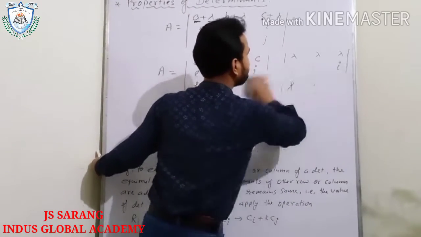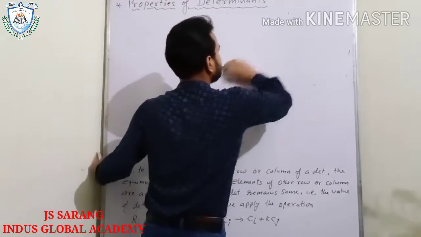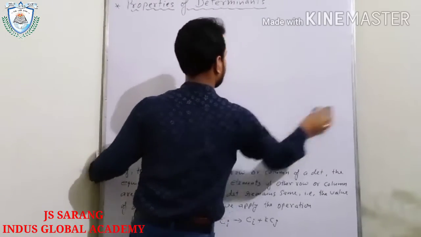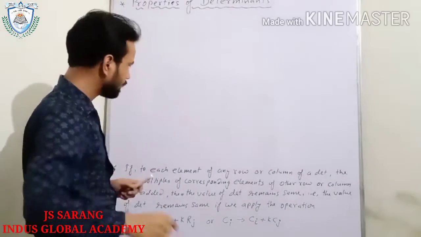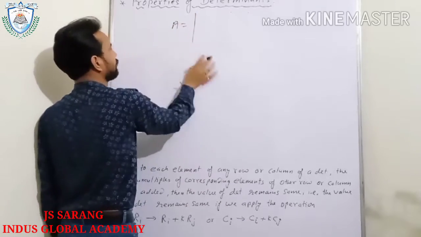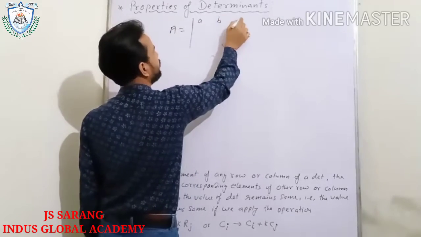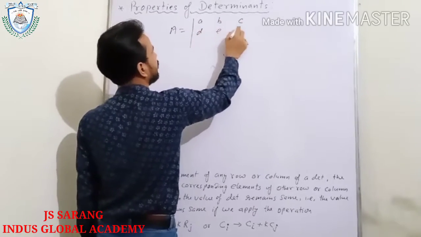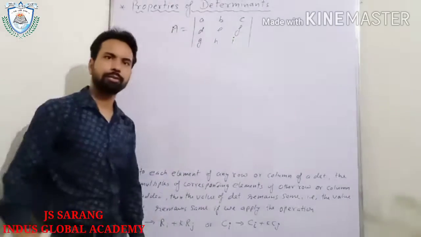I am taking an example here for explaining this property. See, according to this property, I consider there is a determinant A, B, C, D, E, F, G, H, I. Suppose that this is a determinant. Understood?